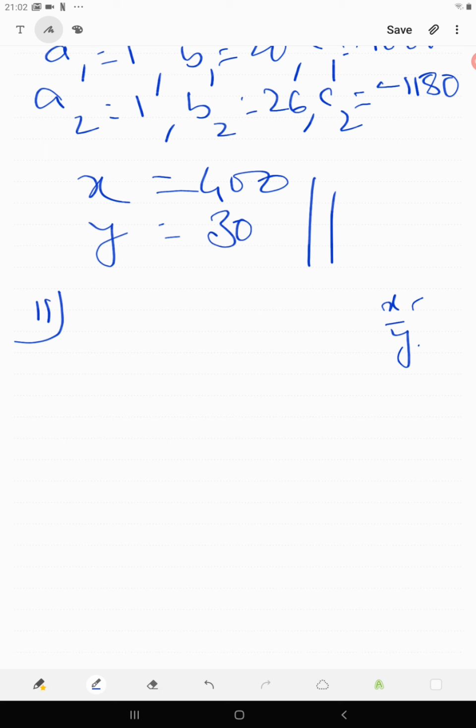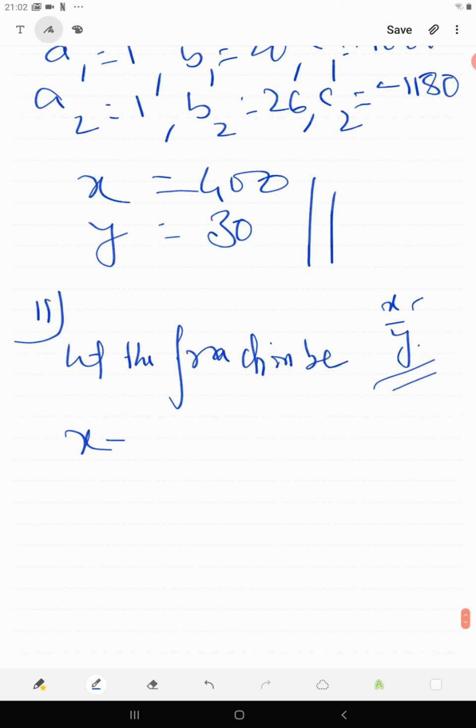Let the fraction be X by Y. What is given is that the fraction becomes 1 by 3 when 1 is subtracted from the numerator. So when you subtract 1 from the numerator, the denominator doesn't change. So if 1 is subtracted from the numerator, the fraction you are getting is 1 by 3.